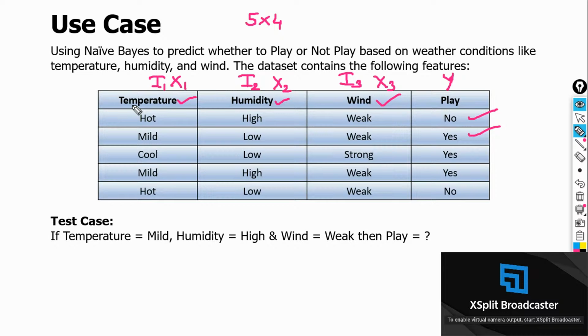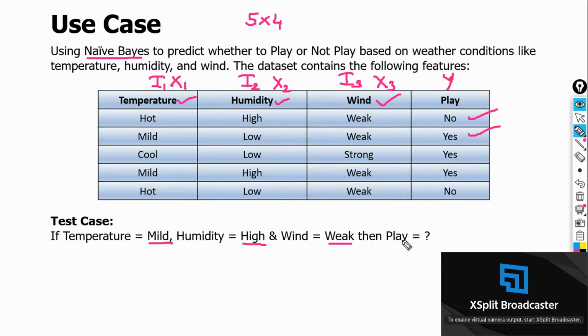Then I'm supposed to use the naive Bayes algorithm. Using naive Bayes, I'm supposed to predict whether to play or not on the given conditions. What are the conditions? If temperature is mild, if humidity is high, and if wind is weak, then what about play? Will he or she play or not?